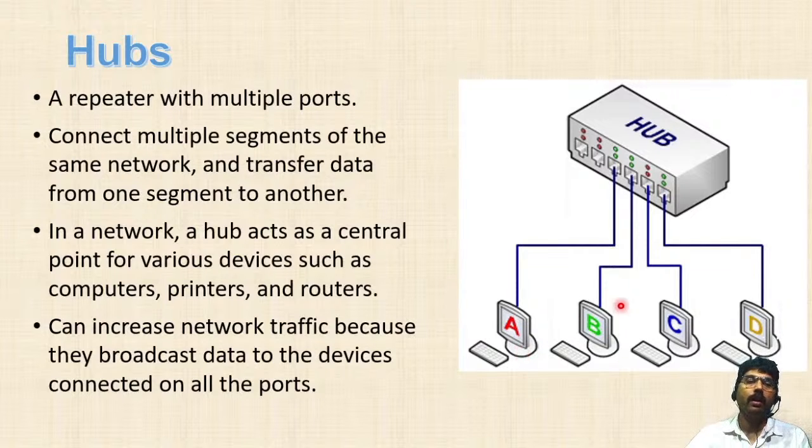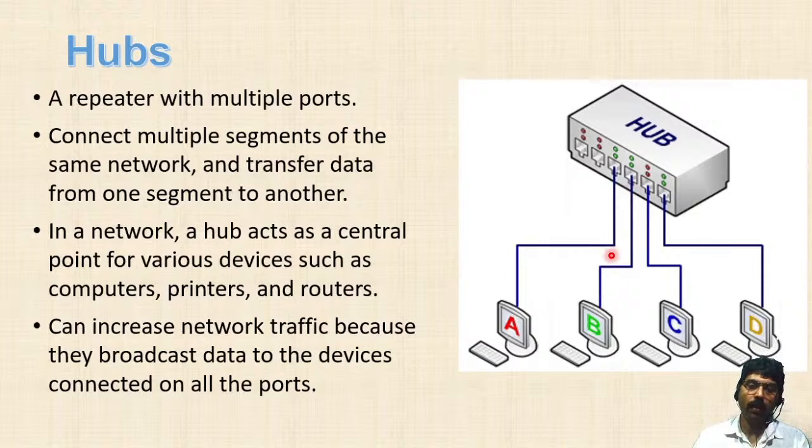Hubs also have some disadvantages. A hub has no intelligence. Whatever data it sends, it doesn't know to which computer or from which port it has to send. So what it does is broadcast.